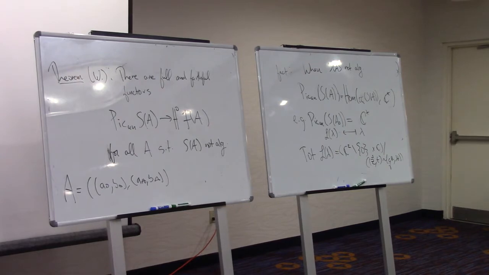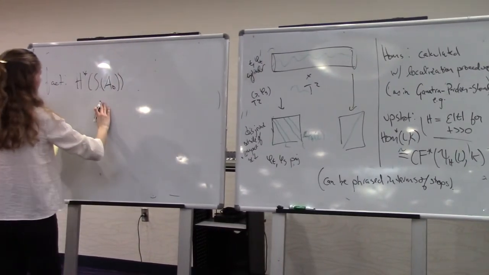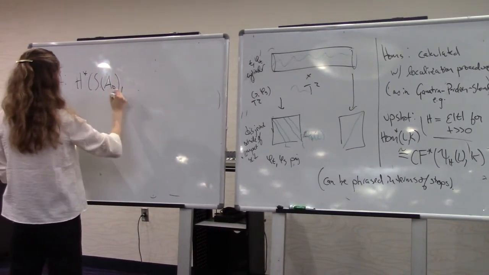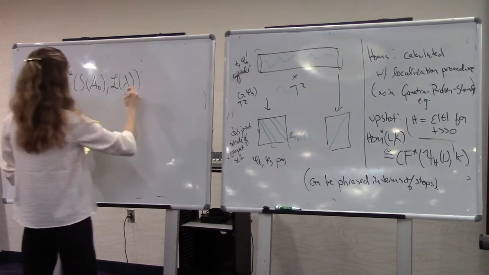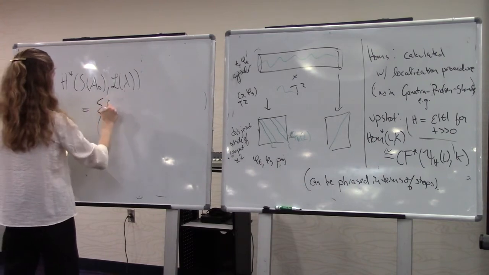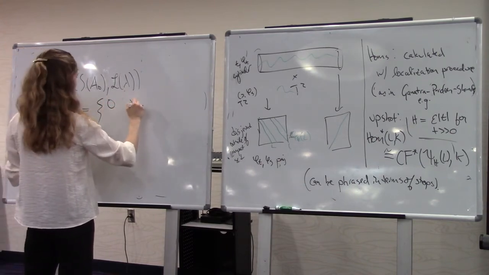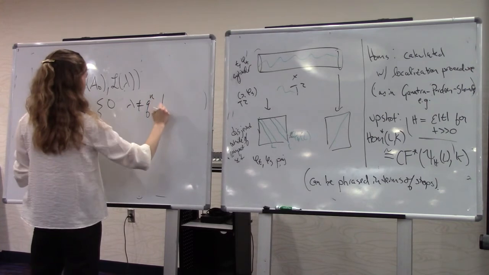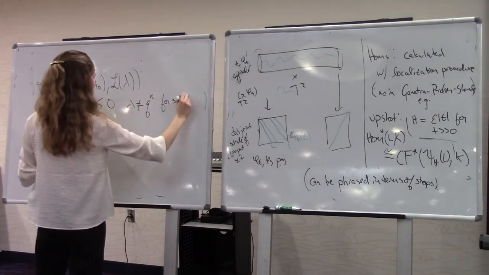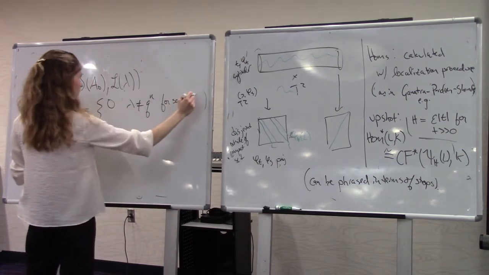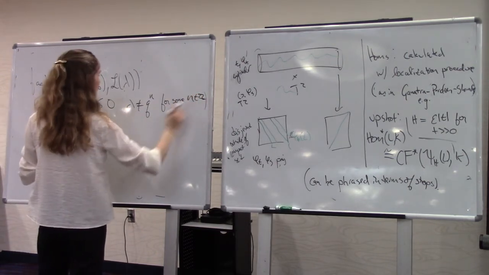So in fact, if you compute the cohomology of these line bundles on just the Hopf surface, S of A naught, this is going to be equal to 0 if lambda is not equal to q to the n for some n in Z. Yes, thank you.